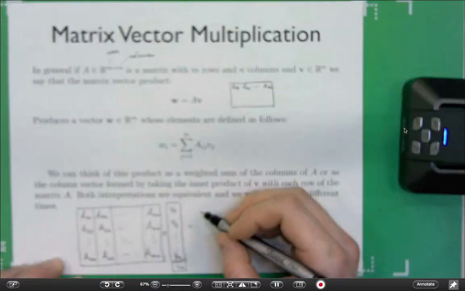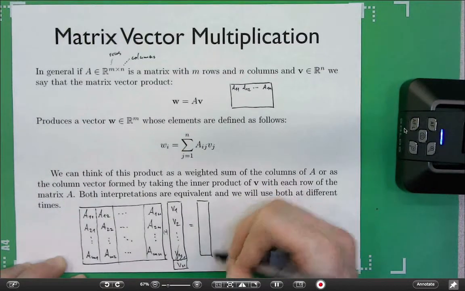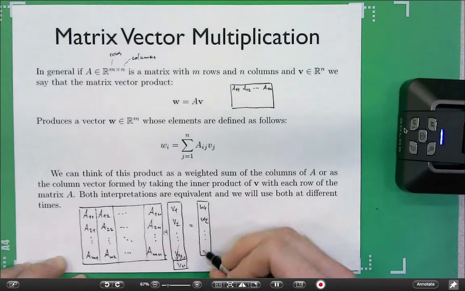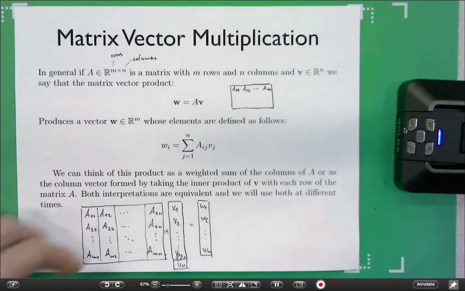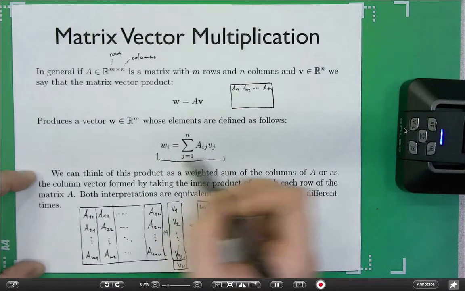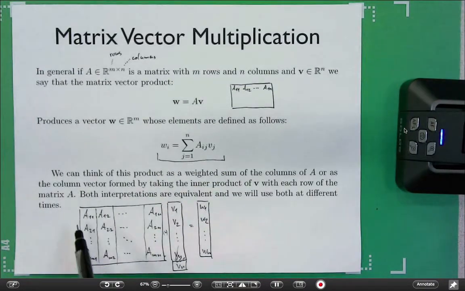And it gives me back a vector which is now of size m. It's a vector w1, w2, and so on up to wm. And this formula tells you how to compute the values of the coordinates of the w vector when you know the values in the matrix and in the vector we are multiplying it with.